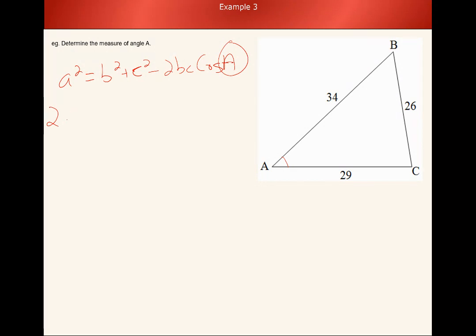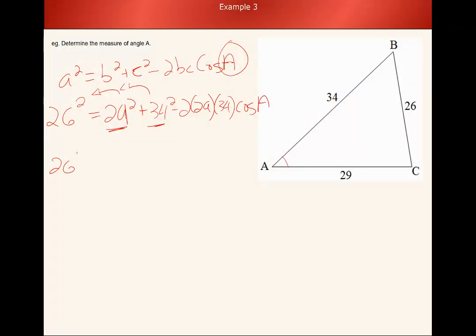So side A is opposite to angle A. It's going to be 26 squared equals B, which is 29 squared, plus C, which is 34, squared, minus 2 times 29 times 34 times the cosine of angle A. So this and this are going to be moved over to the other side and be negative.